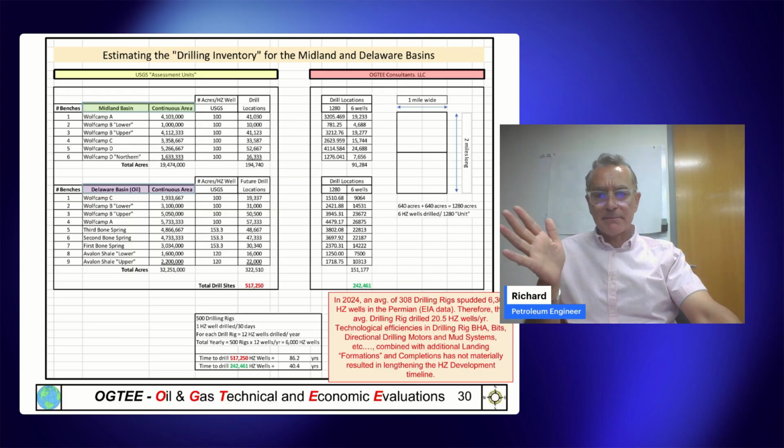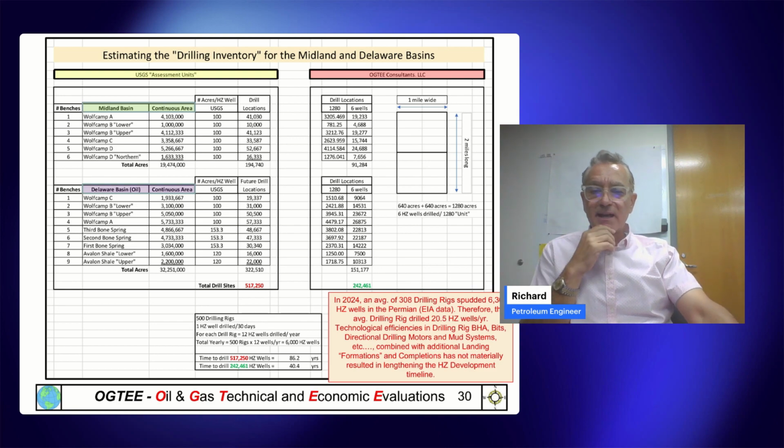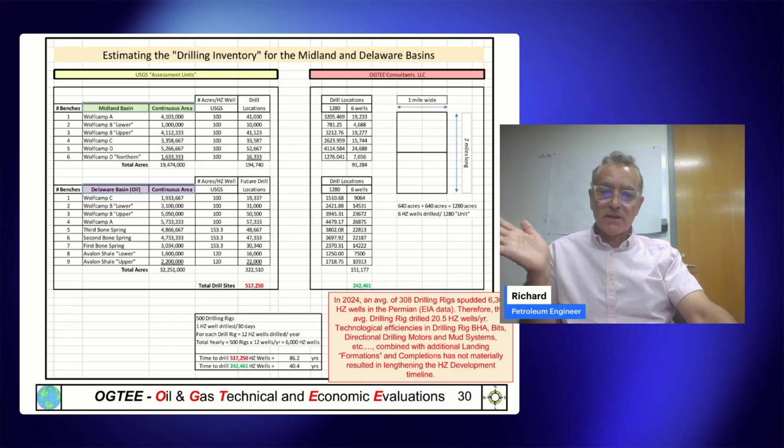I'm not talking about the various benches for a given pad, but for this we're talking about 1,280 acres, and there are 6 wells spaced out within that section-wide spacing. What I did at the time was put together an assessment, and there was a little qualifier over here in red that I updated.